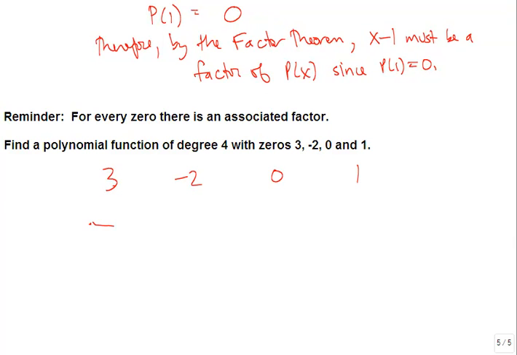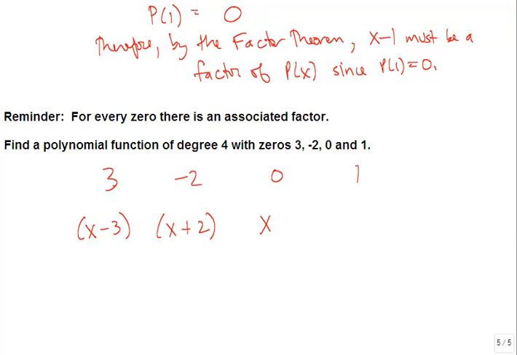If 3 is a 0, then according to the factor theorem, x minus 3 must be the factor. If negative 2 is a 0, then by the factor theorem, x plus 2 must be the factor. If 0 is the 0, then x must be the factor.